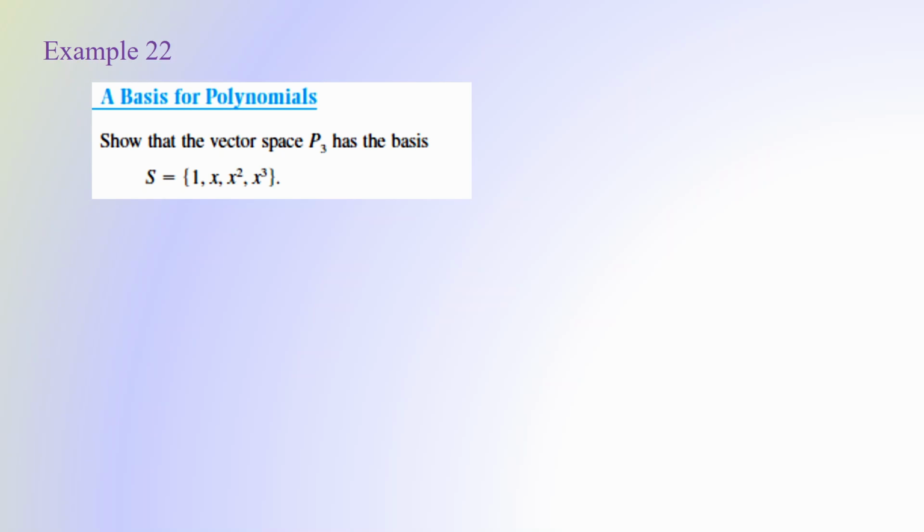Now, P3 is the set of polynomials of degree 3. So you may remember how to write a polynomial in P3. So usually a0, plus a1x, plus a2x squared, plus a3x cubed is a polynomial of degree 3. It has a basis, so we want to prove that it has the basis with the components 1, x, x squared and x cubed. So first of all, we have to prove that S spans P3.